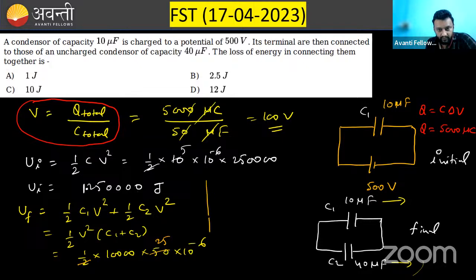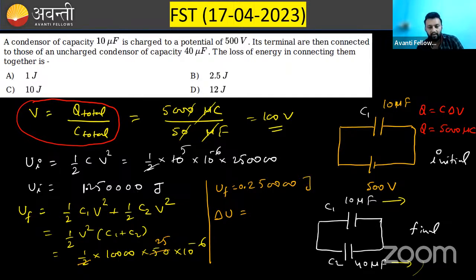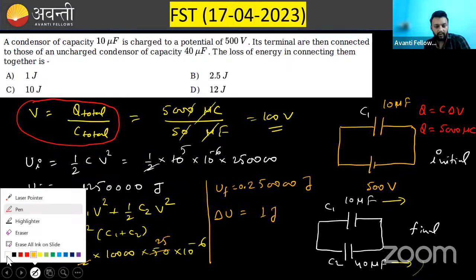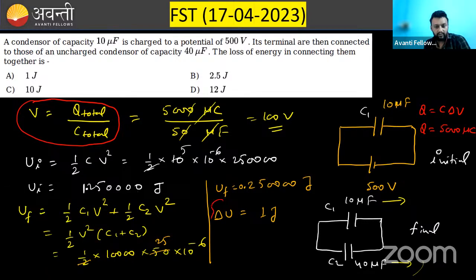So U final is 25 with four zeros and power minus 6, that is 0.25 joule. So the change in energy: initially it was 1.25 joule, now it is 0.25 joule. So what is the loss of energy? Loss of energy is 1 joule.